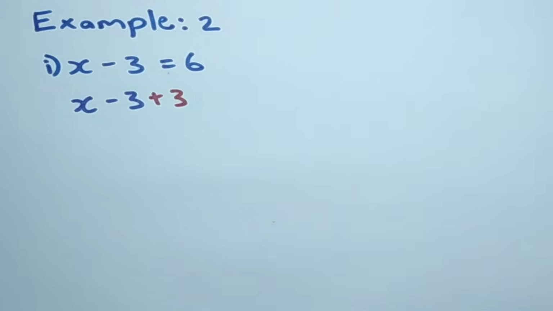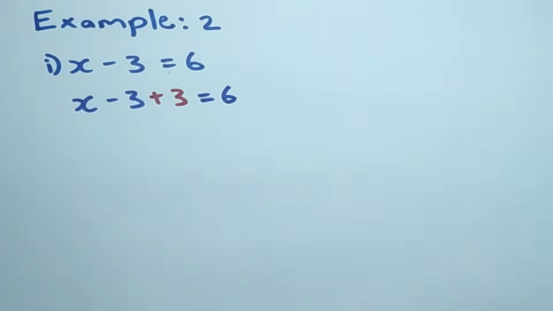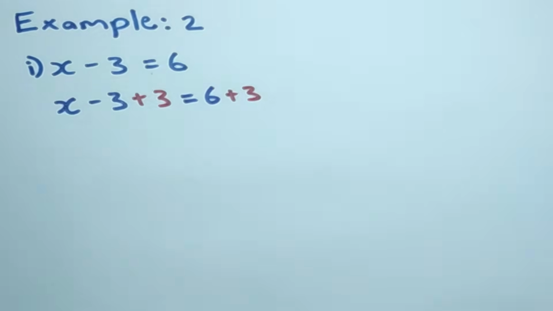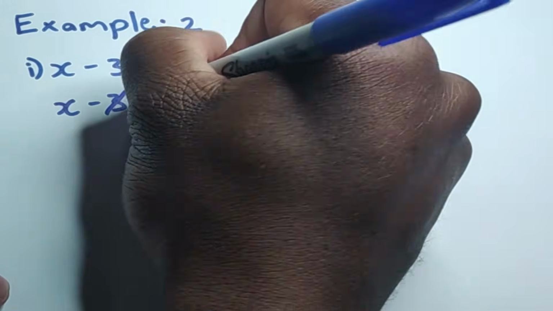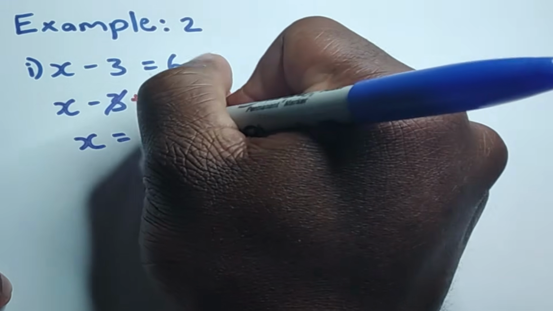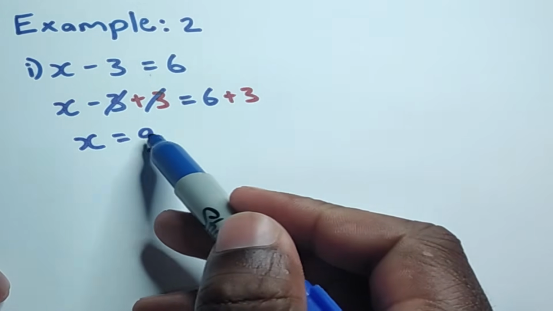And if we add 3 to this side, we are also required to add 3 to the other side to keep the equation balanced. Alright, so minus 3 plus 3, those things will cancel out, and x will be equal to 6 plus 3, which is 9. Alright, so my x would have been 9.